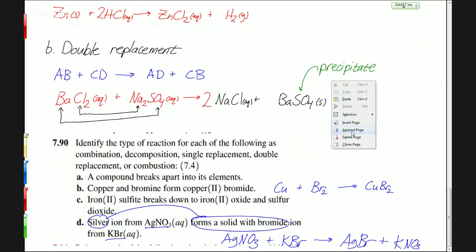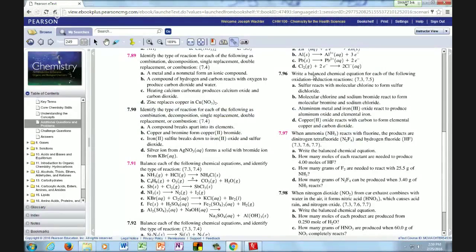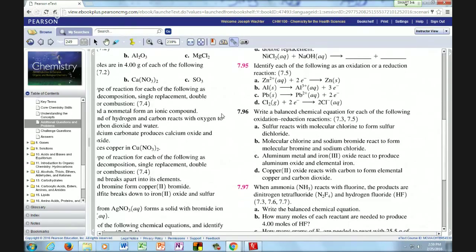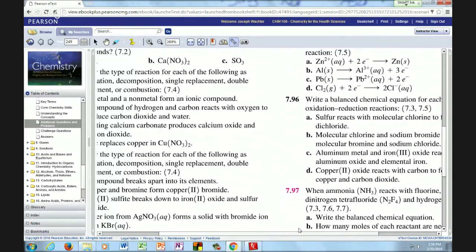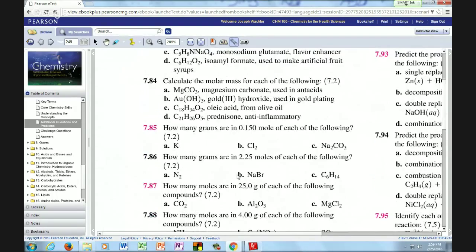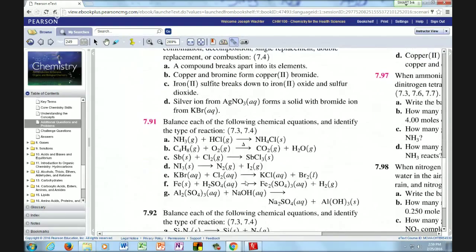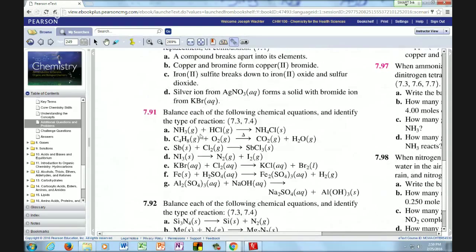All right, we've got about 15 more minutes. Let's practice writing a couple more reactions. Or let's do some balancing.